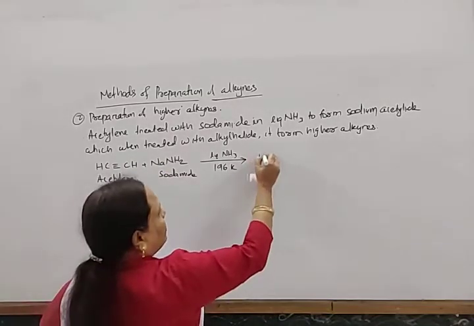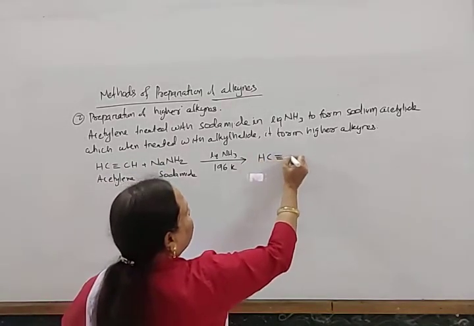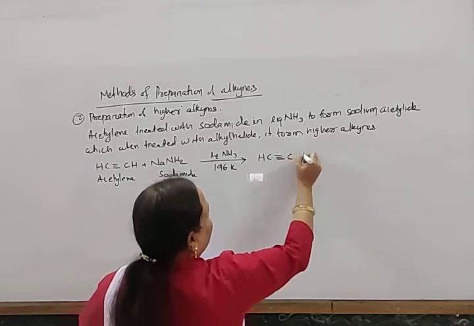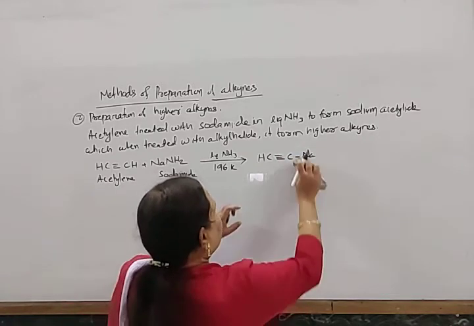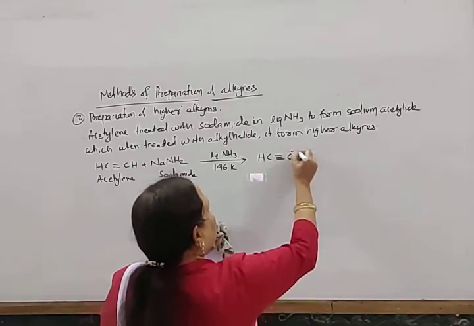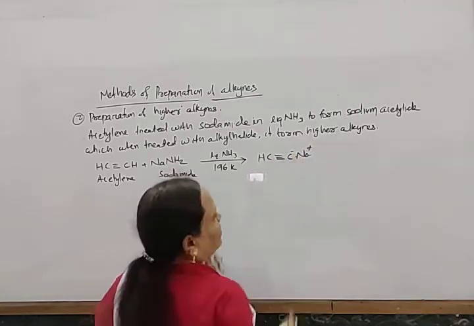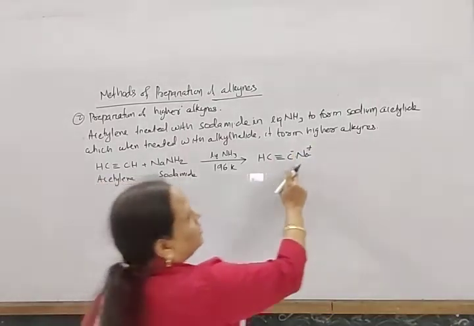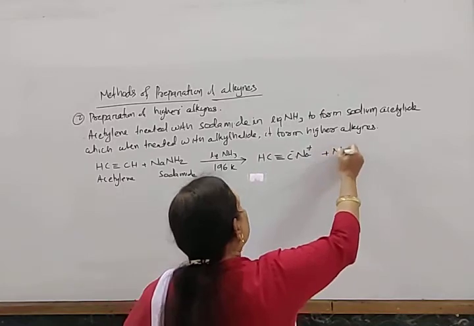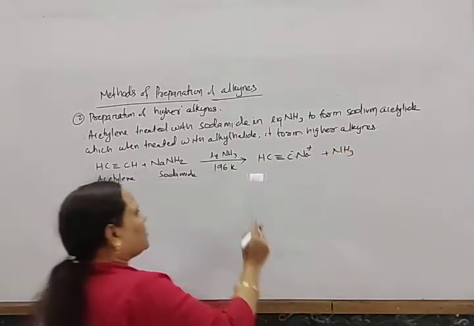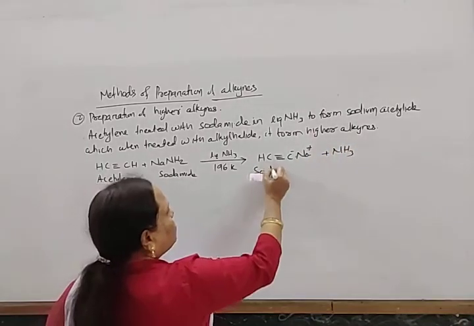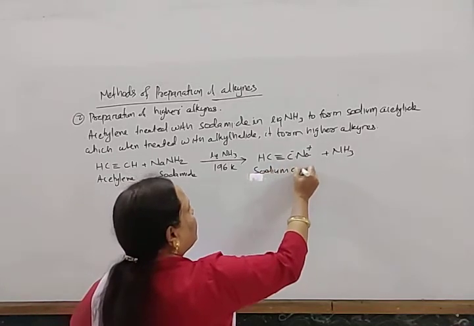In this case, it forms HC triple bond C Na, or we can write it like this: HC triple bond C minus Na plus, plus NH3. And this is called sodium acetylide.